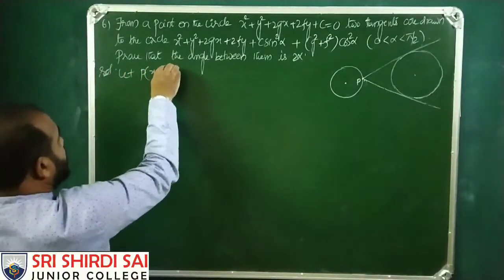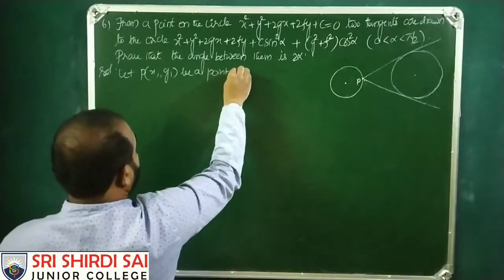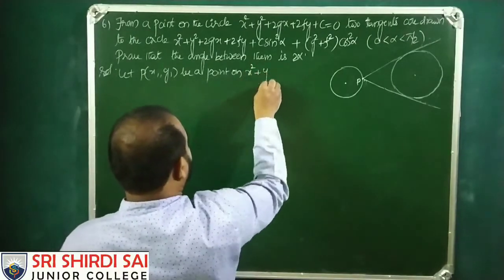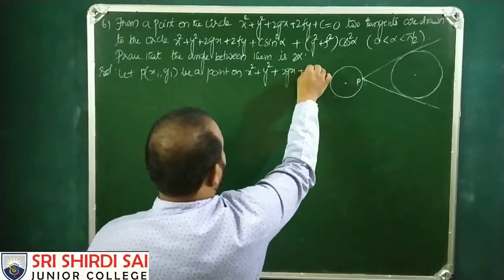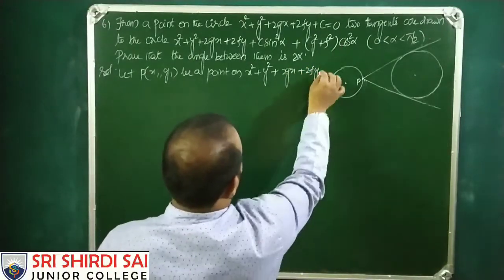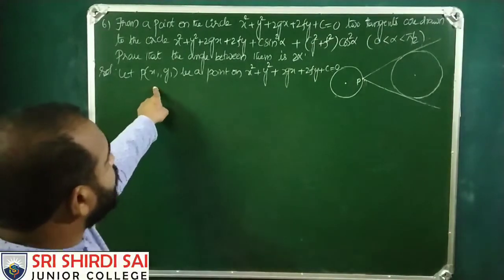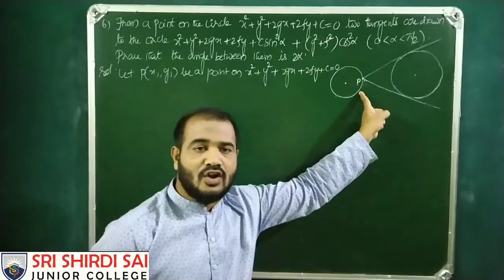P(x1, y1) be a point on the general equation of the circle x square plus y square plus 2gx plus 2fy plus c equals to 0. So since a point P(x1, y1) lies on a circle, the point has to satisfy the equation of the circle or not.